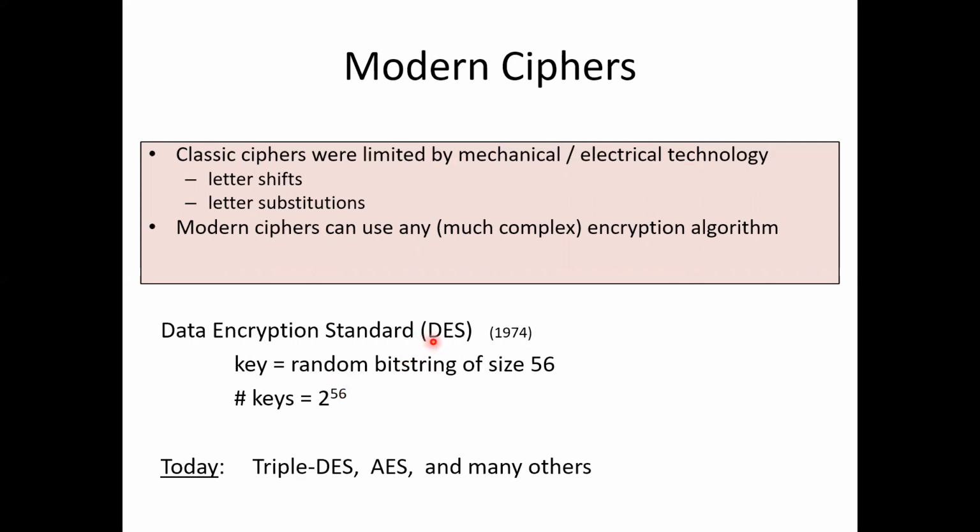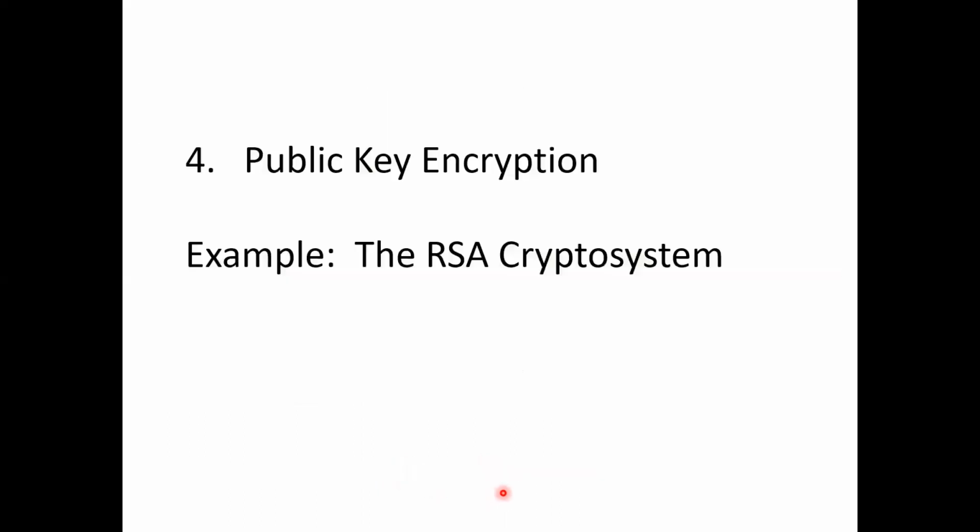So this has been replaced by something we call triple DES, which basically has three such keys, and this is phasing out, and there is the modern crypto system that won a competition to be a DES replacement: AES. And there are many others, but this is the current de facto standard.